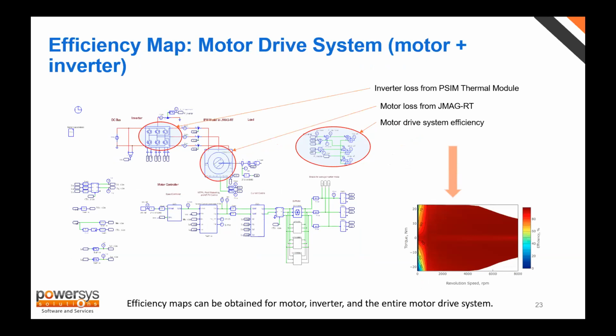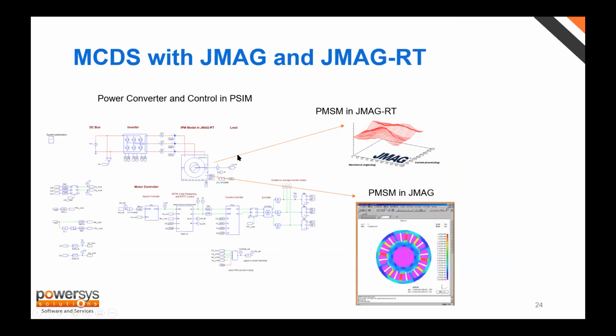You need to know the basic motor parameters that you need to use in Psim. Once you have designed the control loop, the drive of your motor, you can replace your linear motor by your real motor. Your real motor could come from Gmag RT, or directly from Gmag Designer if you prefer to make a co-simulation.